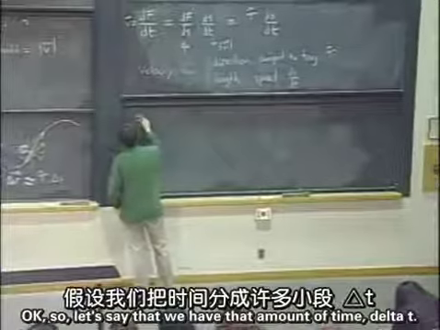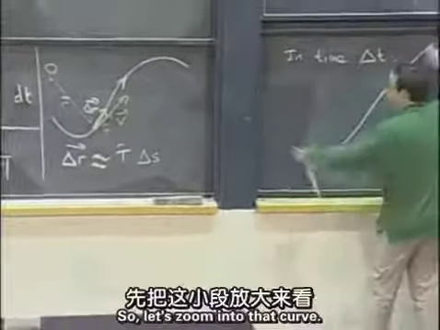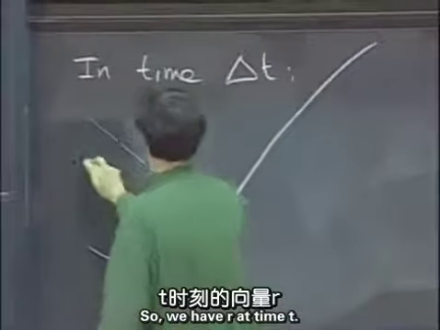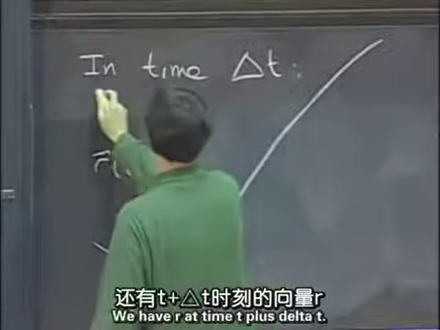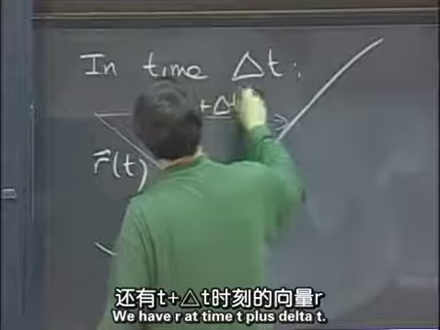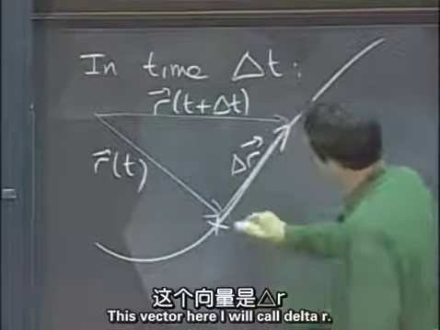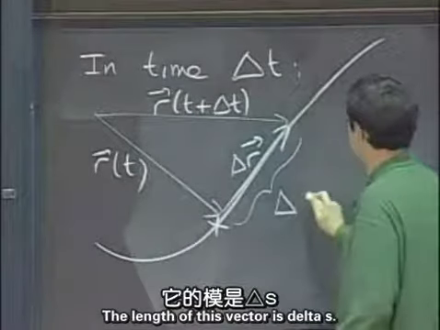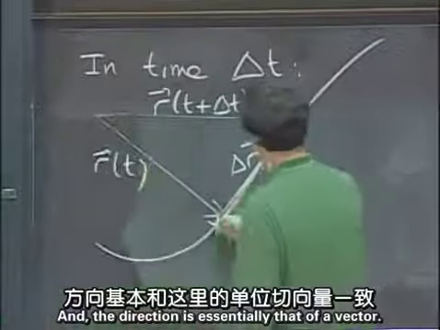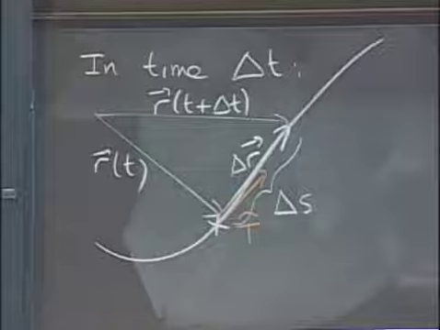Okay, so let's say that we have an amount of time delta t. So let's zoom into that curve. Okay, so we have r at time t. We have r at time t plus delta t. This vector here I will call delta r. The length of this vector is delta s. And the direction is essentially that of a tangent vector. Okay.